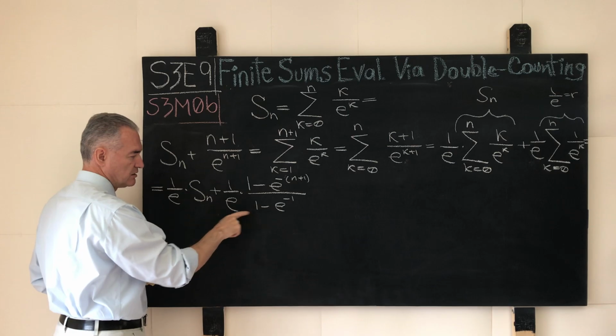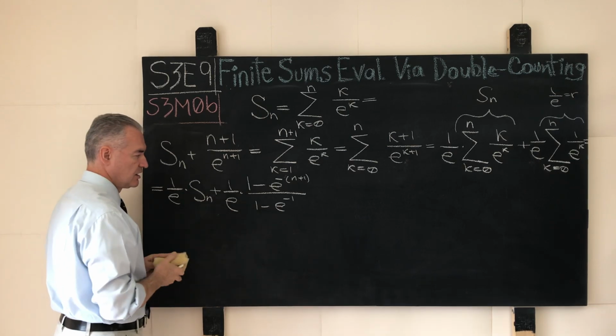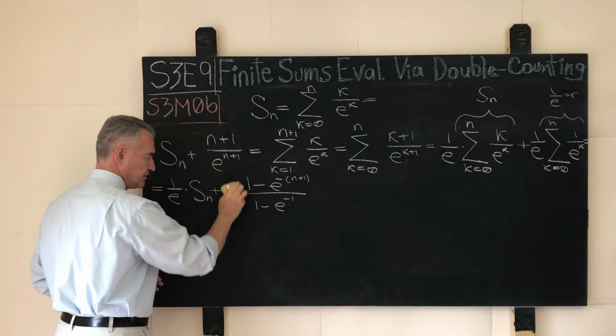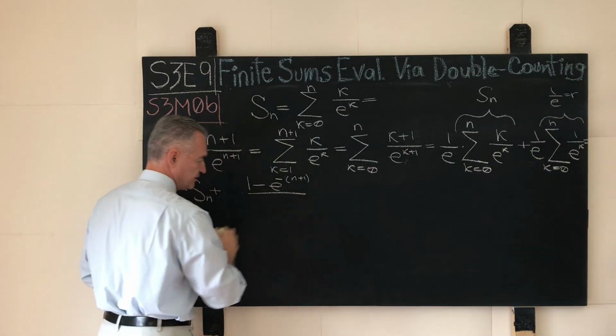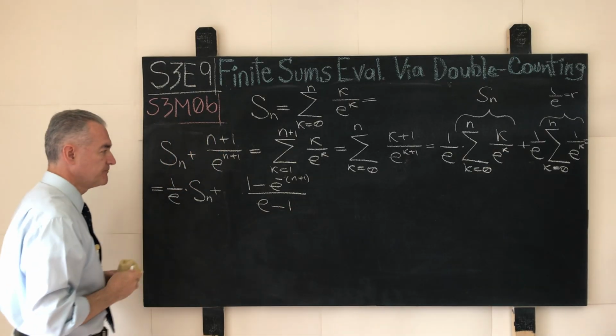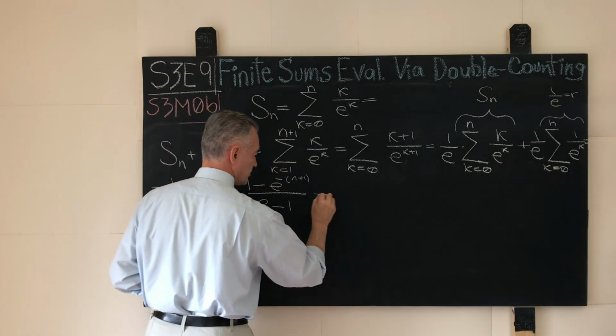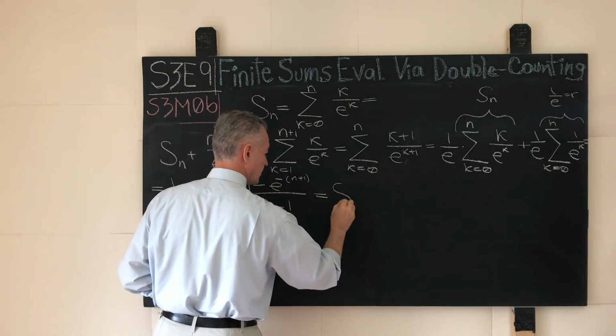Now we move e into the denominator here, and what do we have? We erase this guy, we erase this, and we obtain e minus 1. Would you agree? And that whole thing is equal to our original expression, which is what?